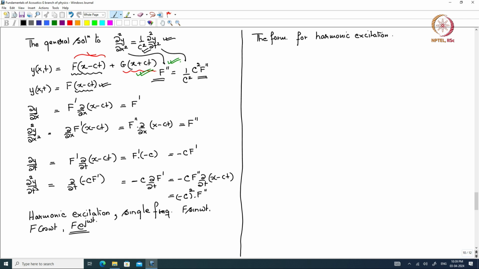Now, if I have this form here, y of x comma t is equal to f of x minus ct plus g of x plus ct, okay. And then here you can see we have taken derivatives with respect to space twice and time twice, okay.